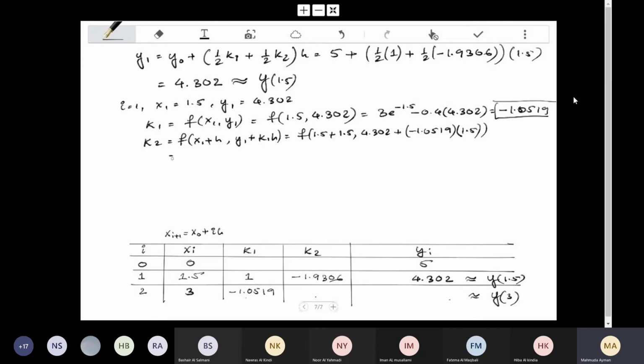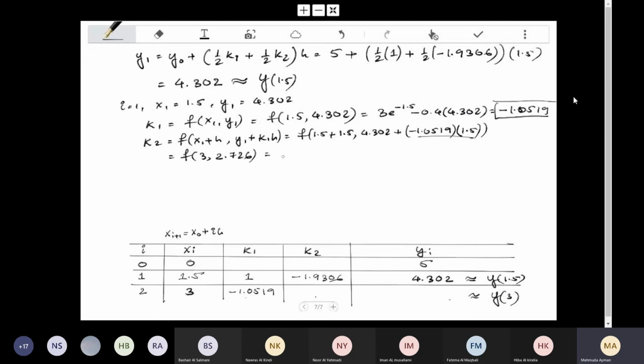So this actually means the value of the function at the point 1.5 plus 1.5, which is 3, comma 4.302 plus this value multiplied, and you will get here 2.726.